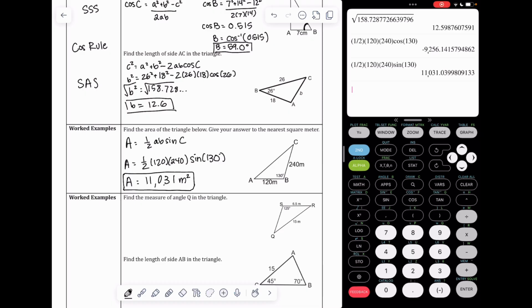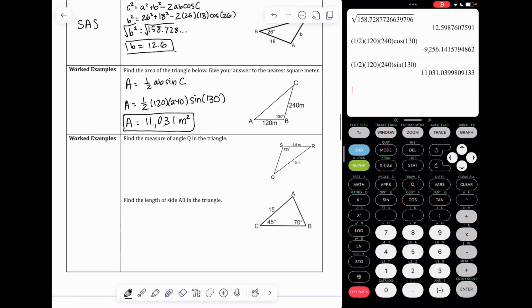Okay, last little bit here. We've got some more triangles where we're trying to find the missing pieces of information. They're non-right triangles, so we know SOHCAHTOA and Pythagorean theorem are ruled out, but let's see what info we are given here. We have two sides and an angle. The angle is not between the sides, so it's not going to be a side angle side cosine rule situation.